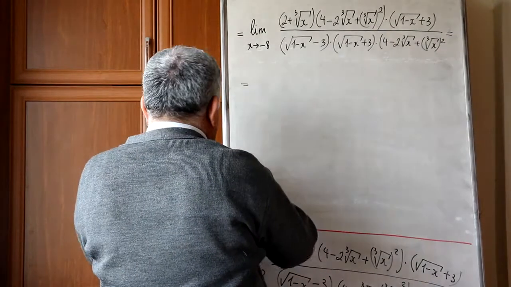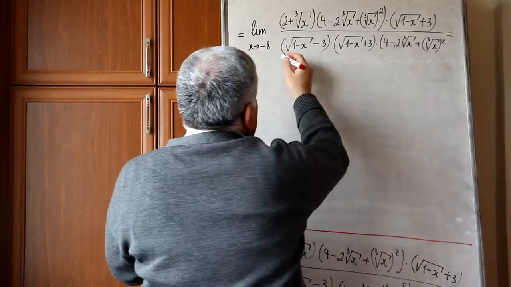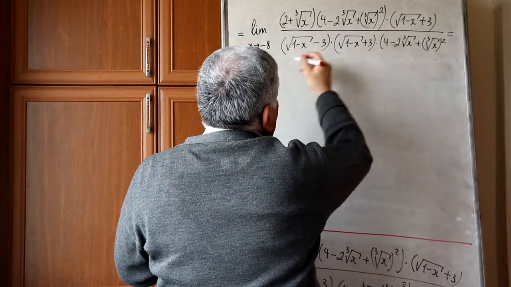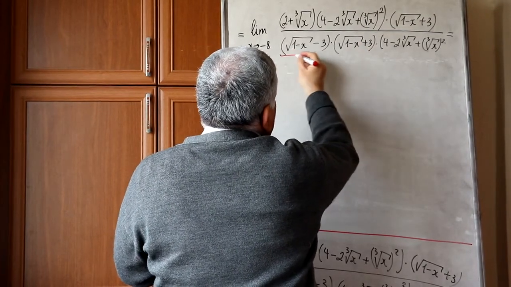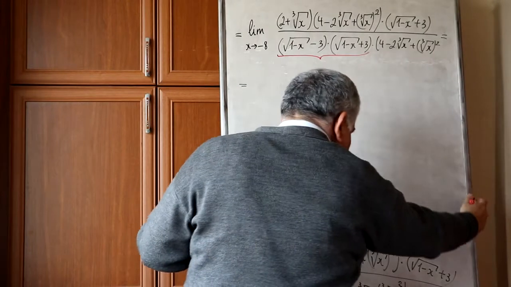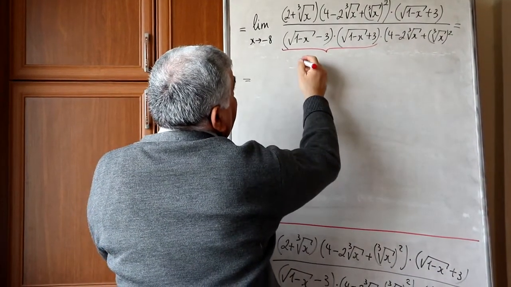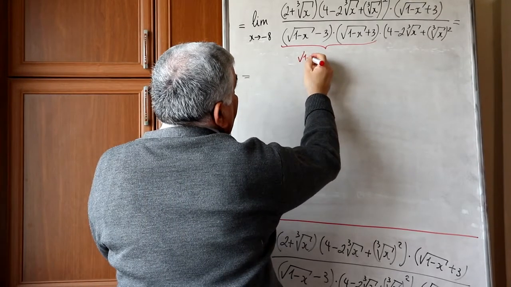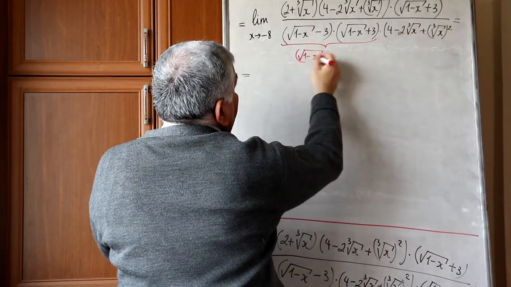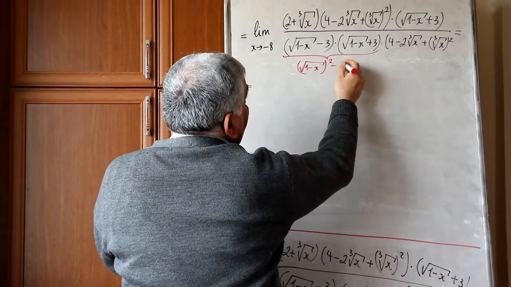Equals. Then look at the denominator. It is square difference. That is square root of 1 minus x squared minus 3 squared.